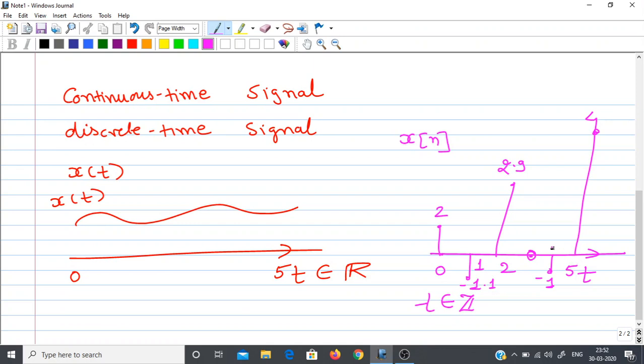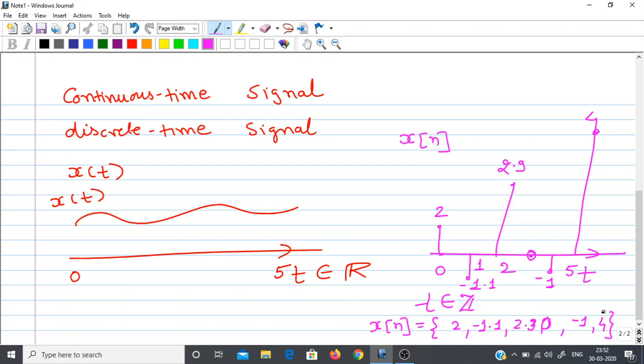Therefore, this kind of signal is a discrete time signal. This red signal is a continuous time signal, and this discrete time signal is nothing but a sequence of numbers. You can write x[n] as the sequence 2, minus 1.1, 2.9, 0, minus 1, and 4.